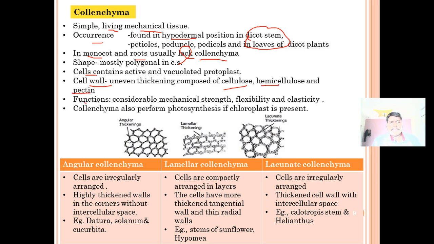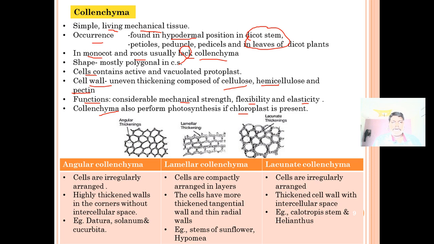When we come to the function of collenchyma, as I said previously, it provides mechanical strength. It gives flexibility and elasticity to the tissue, and collenchyma can also perform photosynthesis if it has chloroplasts. Based on the cell wall, collenchyma is classified into three main types: angular, lamellar, and lacunate collenchyma.